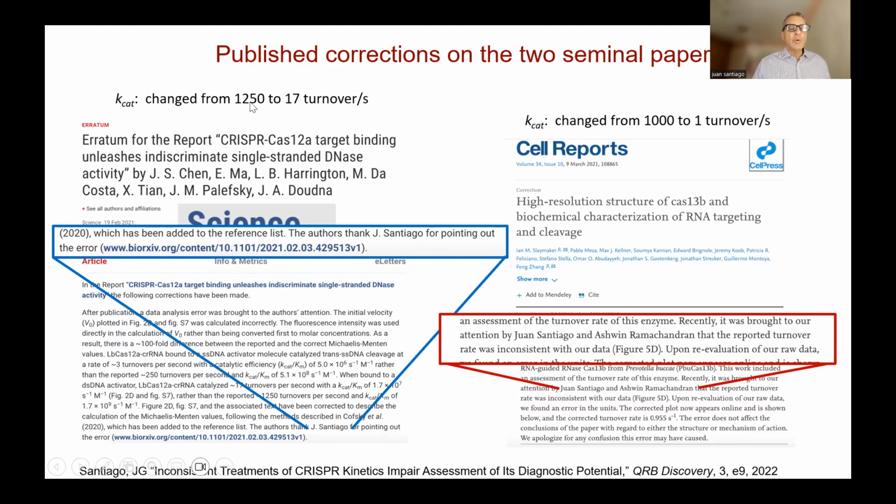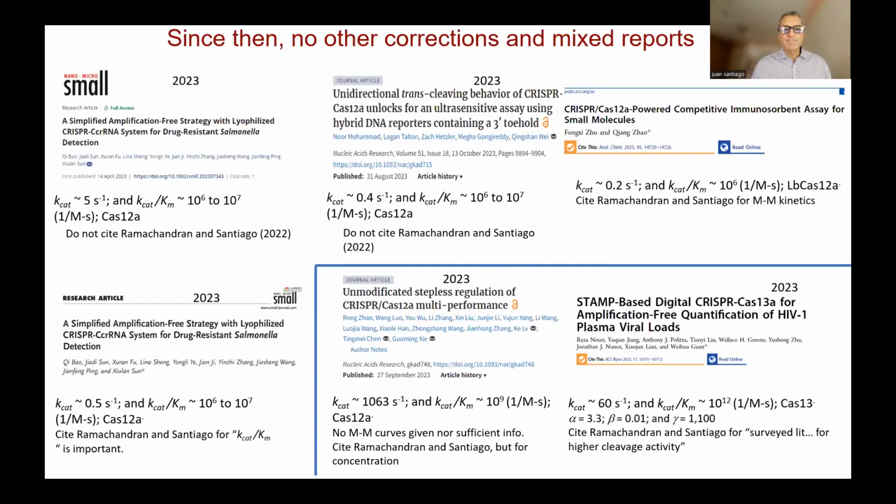The Doudna group reduced the estimate from 1,200 to about 17. We think the 17 number is still a little high, but it's probably closer to the actual value. The Feng Zhang group reduced it from about 1,000 to 1. The main reasons attributed to this include unit conversion errors and calibration errors.